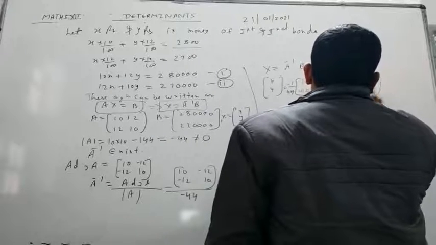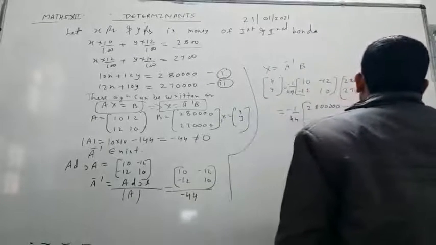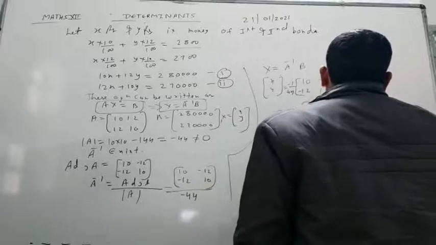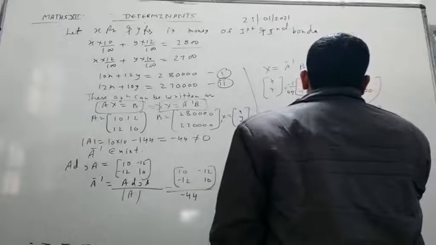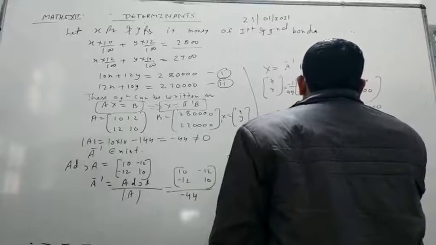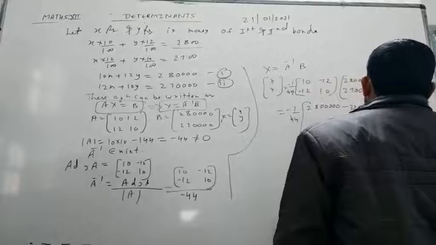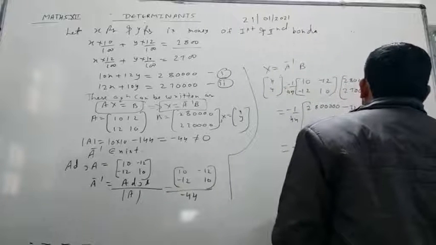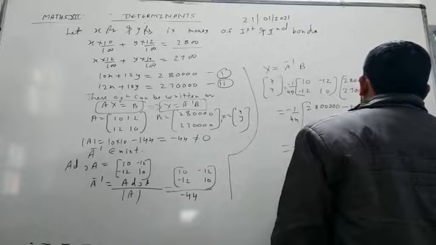Okay, student, and now multiplying by this, we get minus 1 by 44, and this is, we are getting 3, 4, 5 and 4, 4, 1, 2, 3, 4.